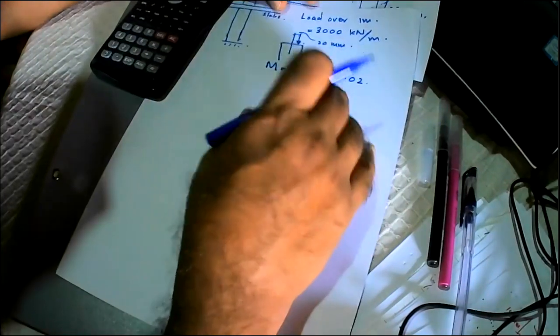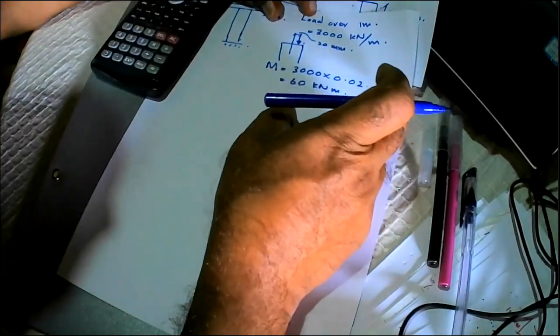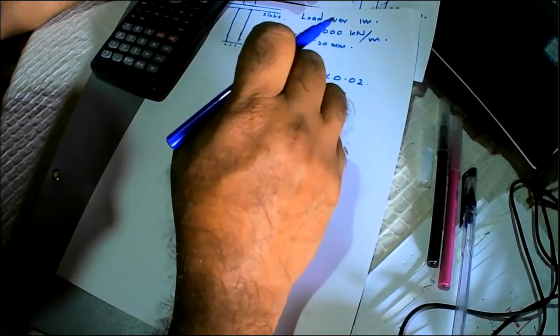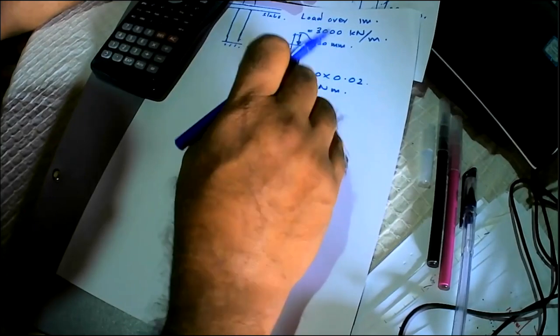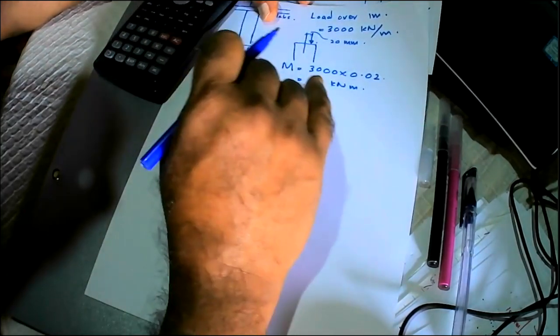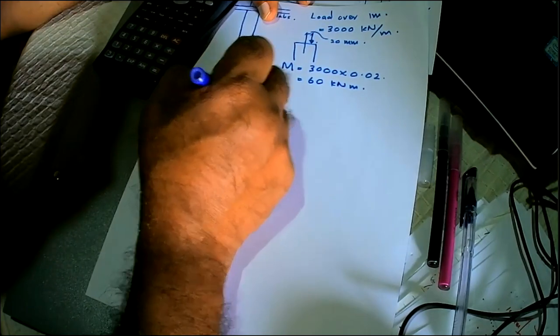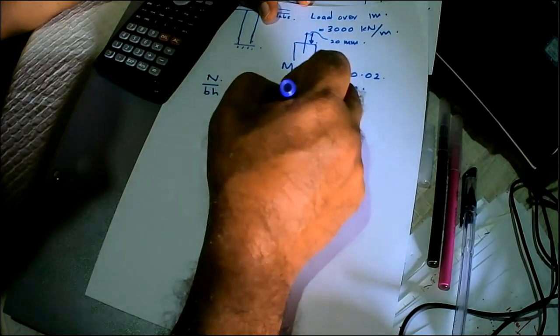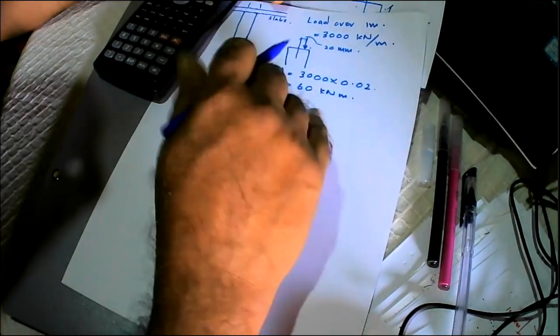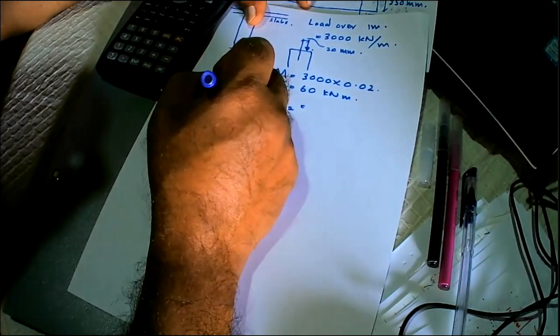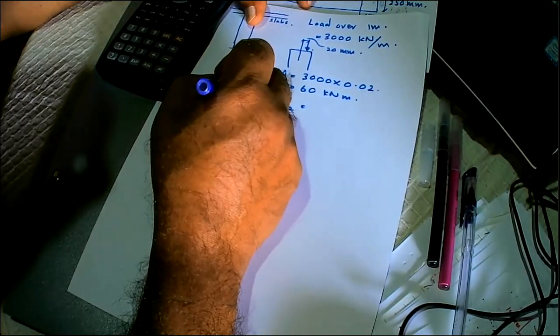So we consider 1 meter length of the wall, consider that this stress can act at an eccentricity, and then find the corresponding moment. And then we find N over BH, and M over BH squared. N over BH is the stress, that is 12,000 or 12.